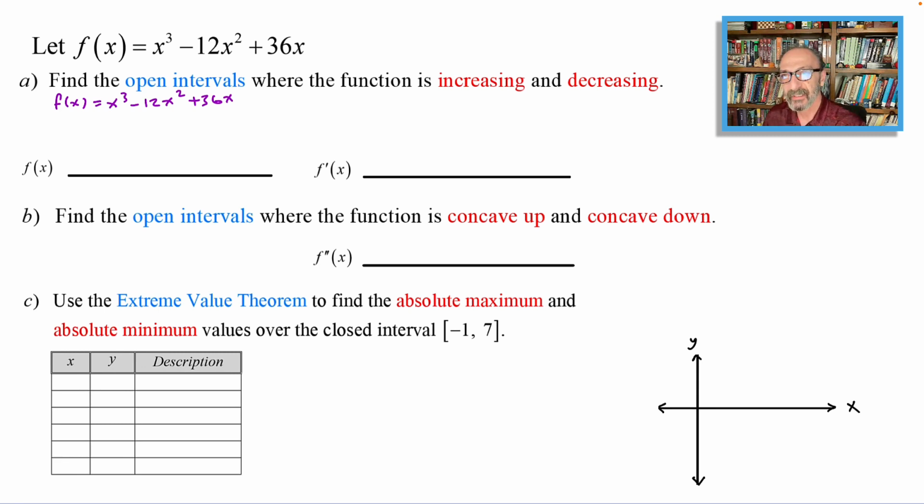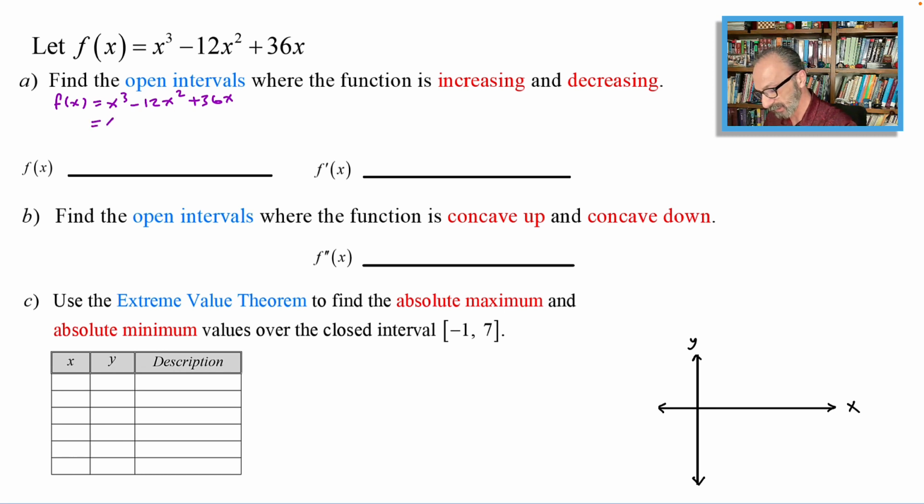For part A, to find the open intervals where the function is increasing and decreasing, before I get started with f prime, let's go over f(x). As you can see on the left side, we're going to factor it out because I can see that it has x in all of the terms. So let's take x out as a common factor.